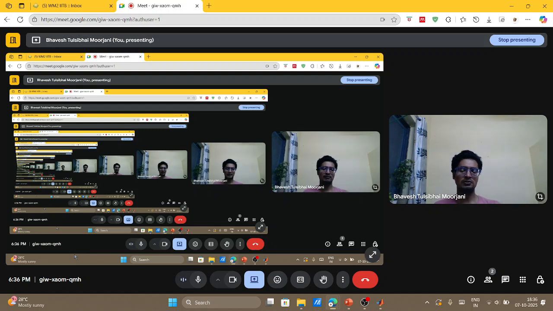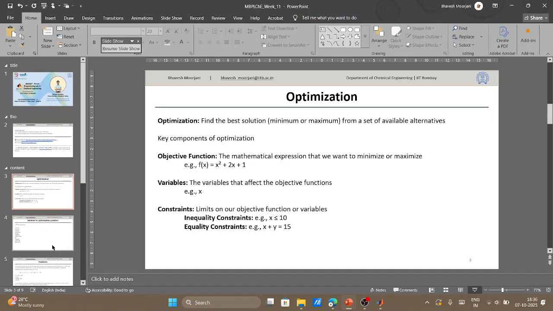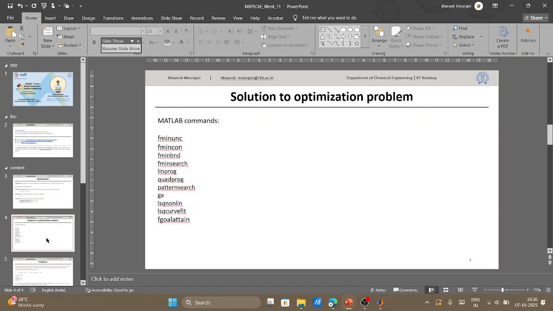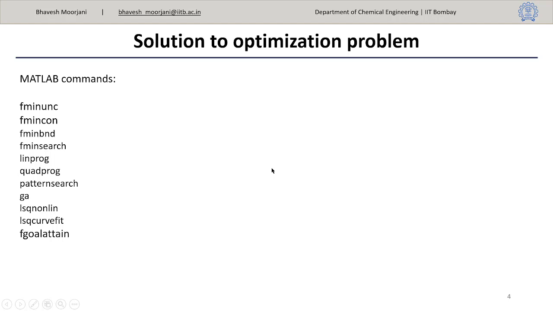So I'm not going into the details of each and every numerical method. Rather, we will just focus on what options we have in Matlab to solve various optimization problems. I have listed a few of the commands available in Matlab. Mainly you have probably seen the first three, fminunc, fmincon, fminbnd.